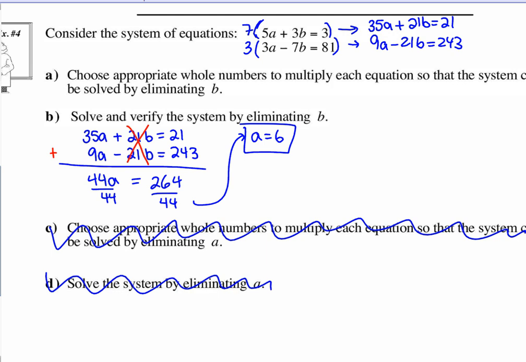Okay, so when I find B, it doesn't matter which equation I sub into. I like to usually go back to one of the original ones because the numbers are smaller. You could use one of your new ones if you wanted to. So let's use, I don't know which one. First or second? Second. Okay, 3 times 6 minus 7b equals 81.